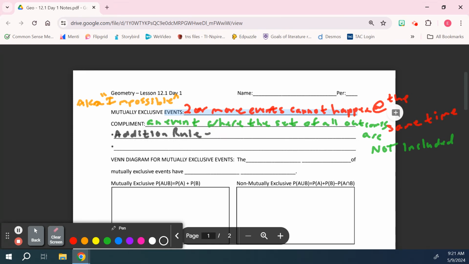We have our addition rule, which would be the probability of A union B equals the probability of A, these are just events, plus the probability of B minus the probability of A intersect B. We'll talk about what those U's and upside down N's are in a minute.